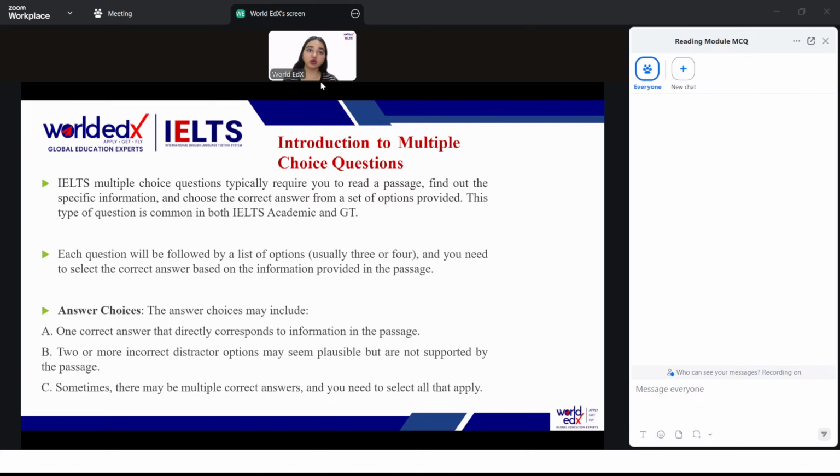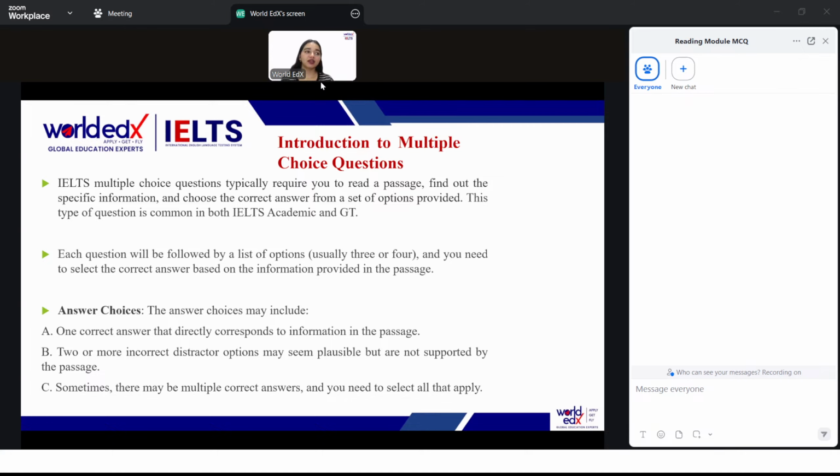Sometimes you might find two options are a very close match, and they might both seem to be the correct answer, but if you read closely, you will be able to draw out the discrepancy and chalk out the incorrect answer. Next, sometimes there may be multiple correct answers, and you need to select all that apply.